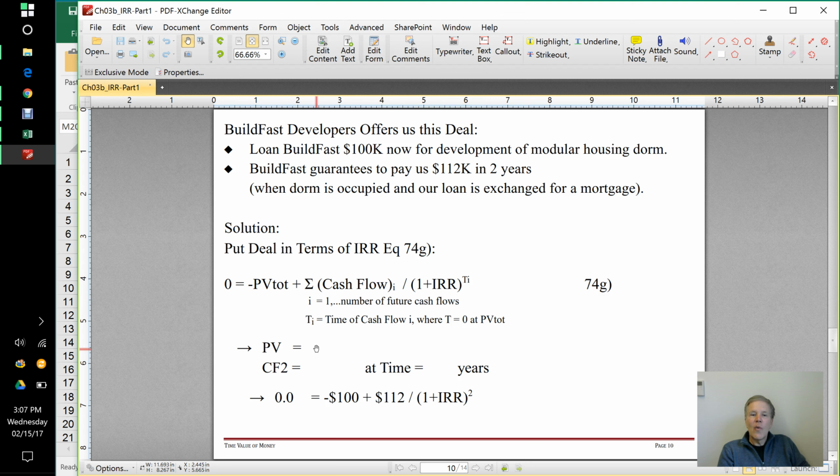Okay, so what's the PV in this case? I'm going to grab our little typewriter tool here. Our PV in this case is 100K, and our CF2 here is 112K, at time equal to 2.0 years.